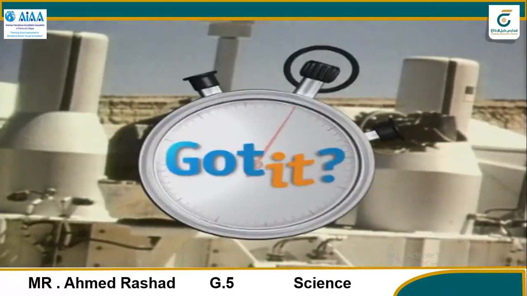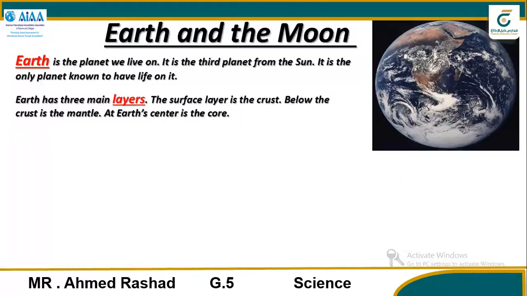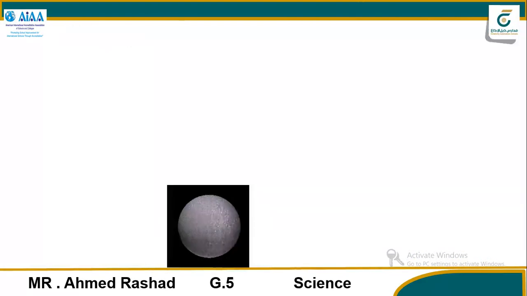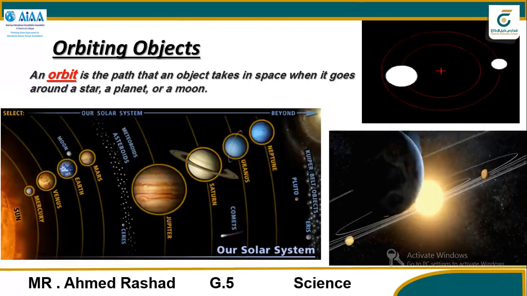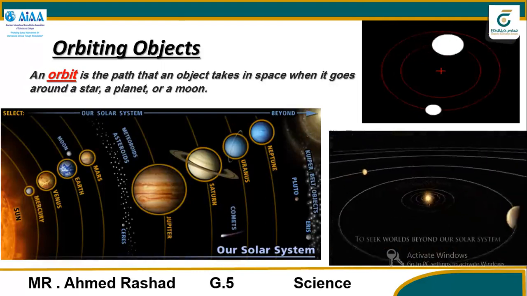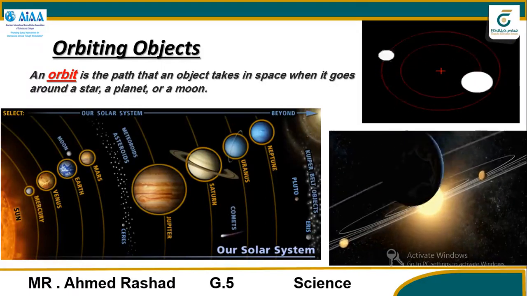Sure, you got it. So before we finish this lesson, we can talk about something: the orbiting, the movement of some planets around the sun. I want to show you that the planets closest to the sun move at high speed around the sun.